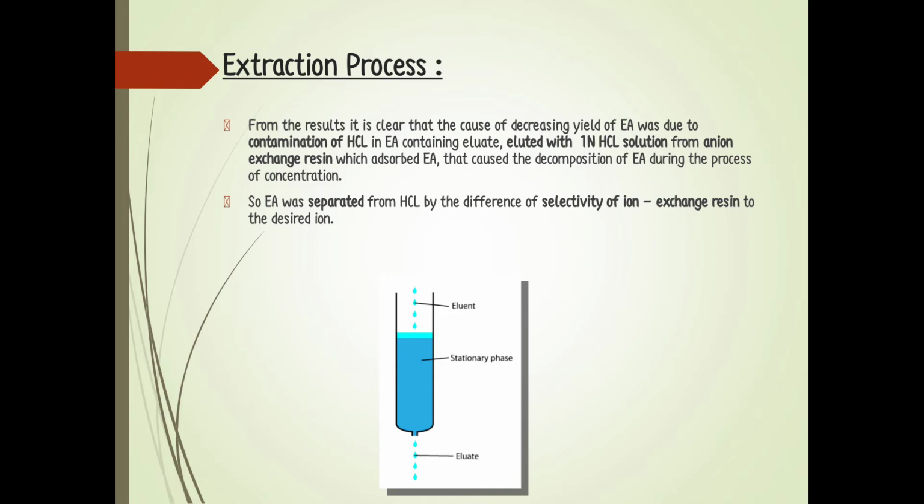As it is present in the erythorbic acid, obviously it will cause some decomposition, and we won't get the refined product we want. So again we have to separate the erythorbic acid from HCl by the difference in selectivity of the ion exchange resin to the desired ion.